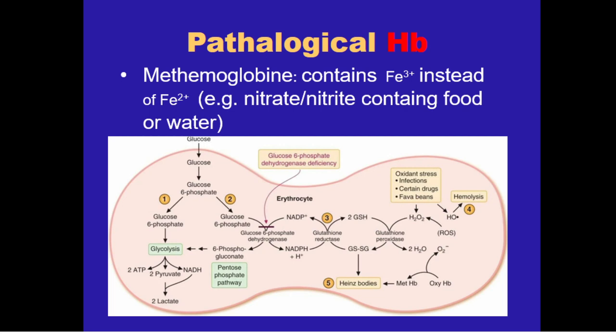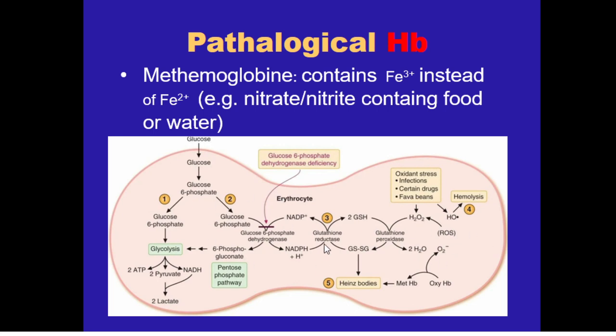Some products like fava beans will interact with this system, and oxidative stress will be higher than it is possible for this system to relax. And in this case, oxidative stress will lead to hemolysis. Also, hemolysis will be activated if superoxide dismutase and catalase are not working normally.